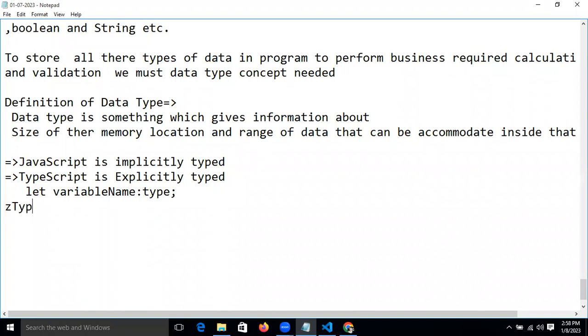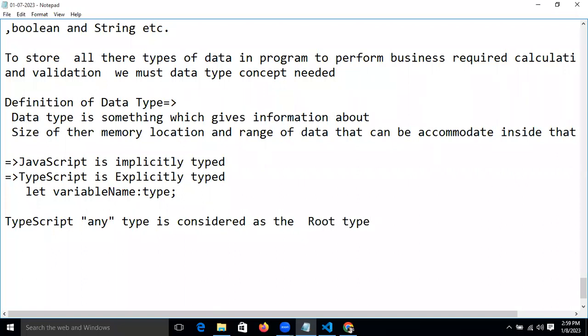Inside TypeScript, the any type is considered the root type for all data types.